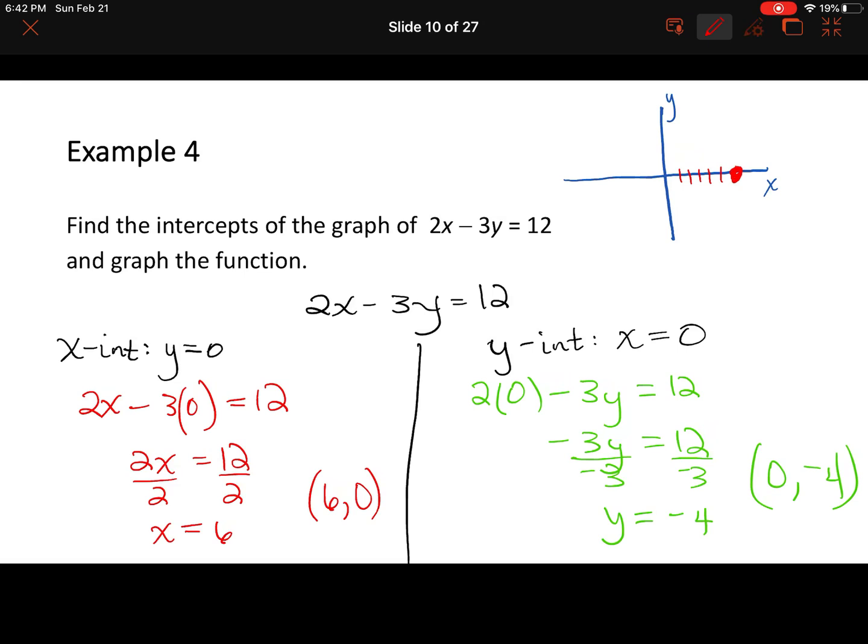And the y-intercept of negative 4. 1, 2, 3, 4. And the graph of the function is the connecting of the dots. You're welcome. All right. So we plotted our x-intercept, we plotted our y-intercept, connected the dots, graphed it.